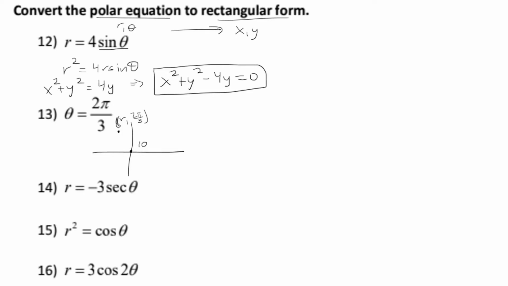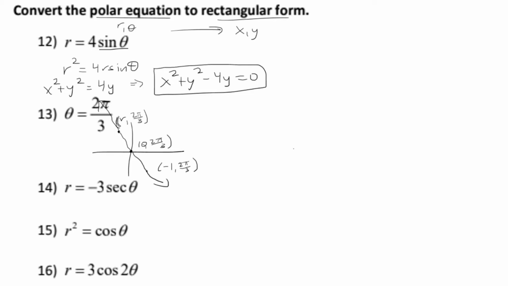If I pick r to be -1, it'll be somewhere here. If I pick r to be 100 or whatever, it'll be out here. So basically, you would just draw a straight line, and the only difference would be how far you go. But it's always going to be on that same line.